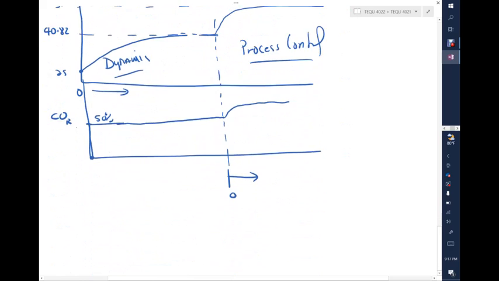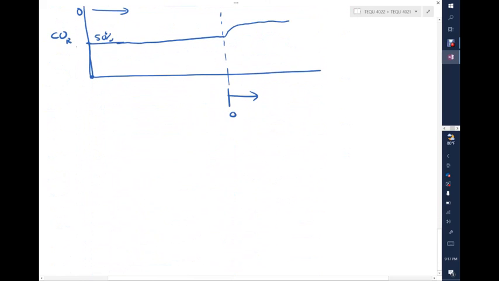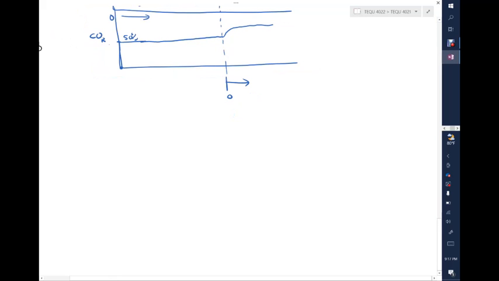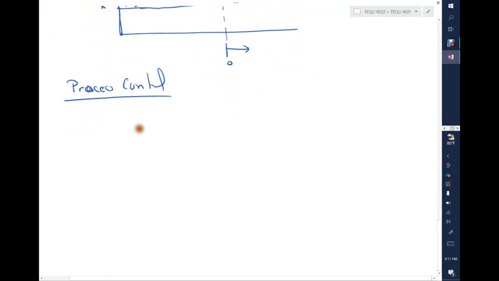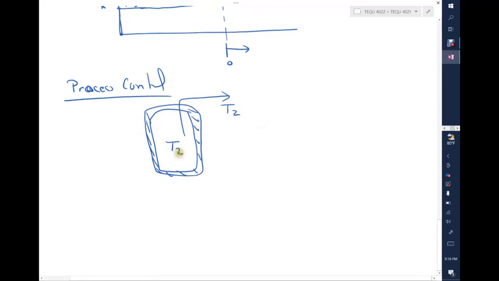And how to do process control? Let me recover back where we were. To do process control in this tank, we know that the tank is adiabatic. This is the exit temperature, which means that the vessel is at T2.